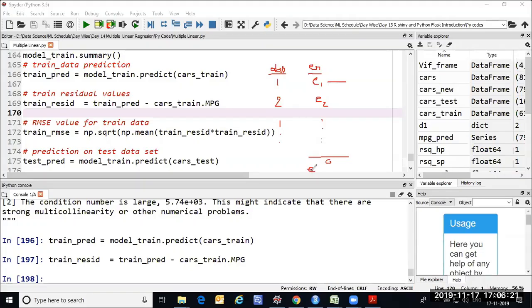Take all these errors and square them. It becomes squared errors. Then apply mean on that, which is divided by the number of observations. Then apply a square root. In simple words, this measure is called RMSE.